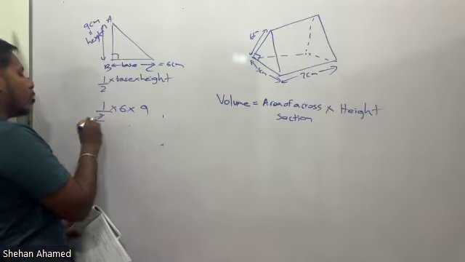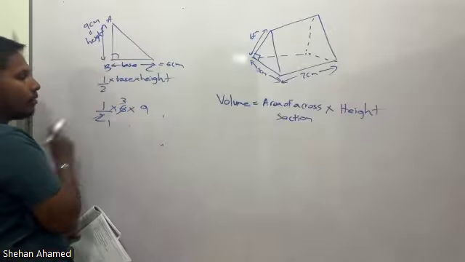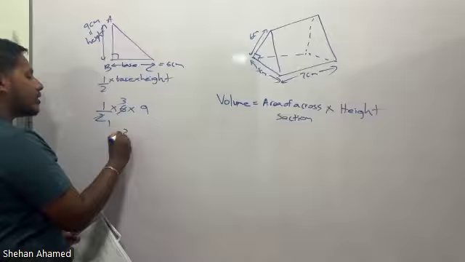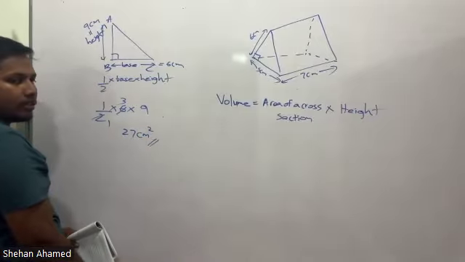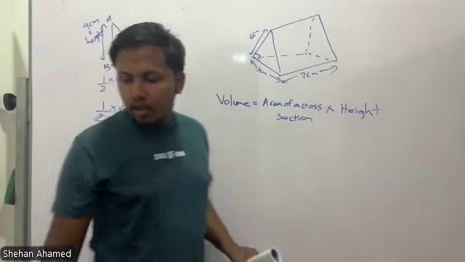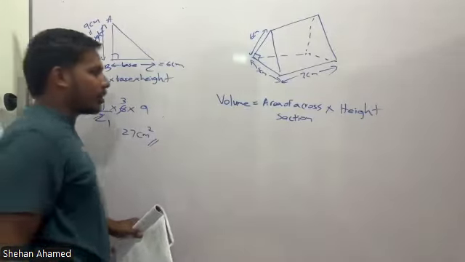Right? 2 times 1 is 2. 2 times 3 is 6. And then 3 times 9, the answer is 27 centimeters square. This is a general example that I gave you to find the area of triangle, right? I think most of you guys might have known the area of triangle equation.